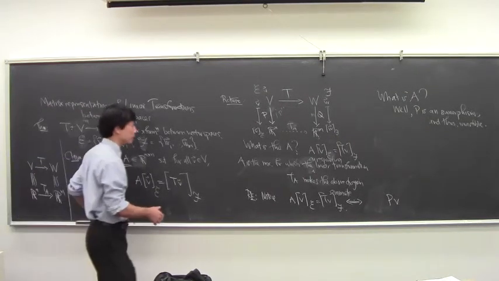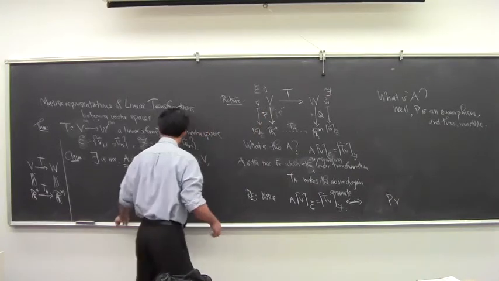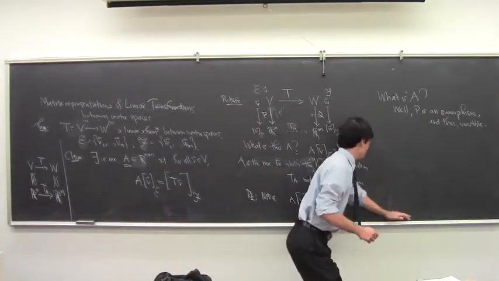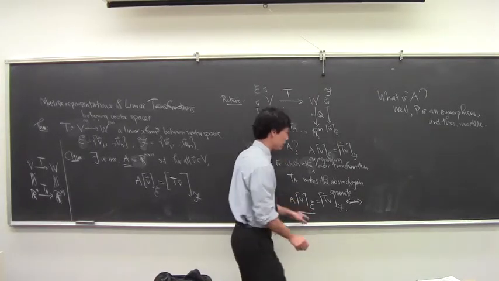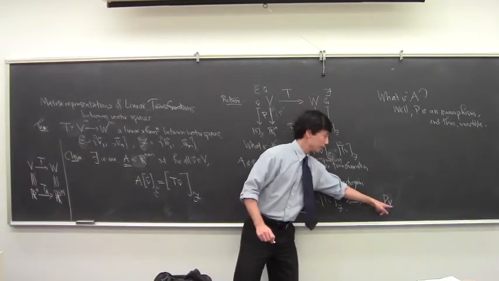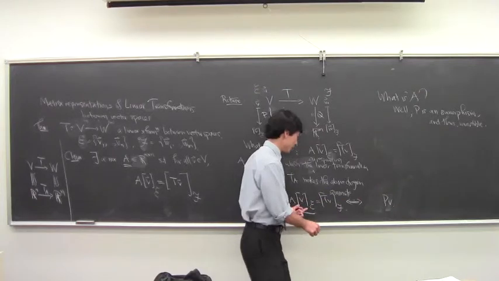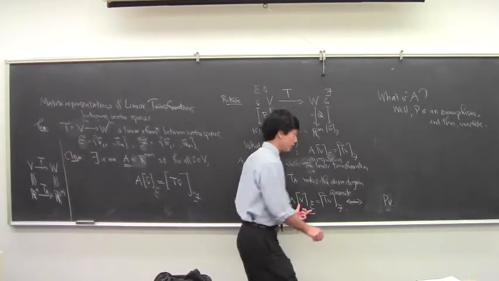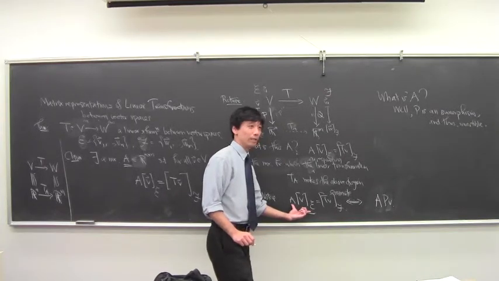Let's call that map P. So instead of writing the vector's coordinates here, I'm going to write that as PV, because PV is you take your vector and you map it down to its coordinates. So this literally is this. And then you take that thing and you hit it with A. So now I've written the left-hand side.